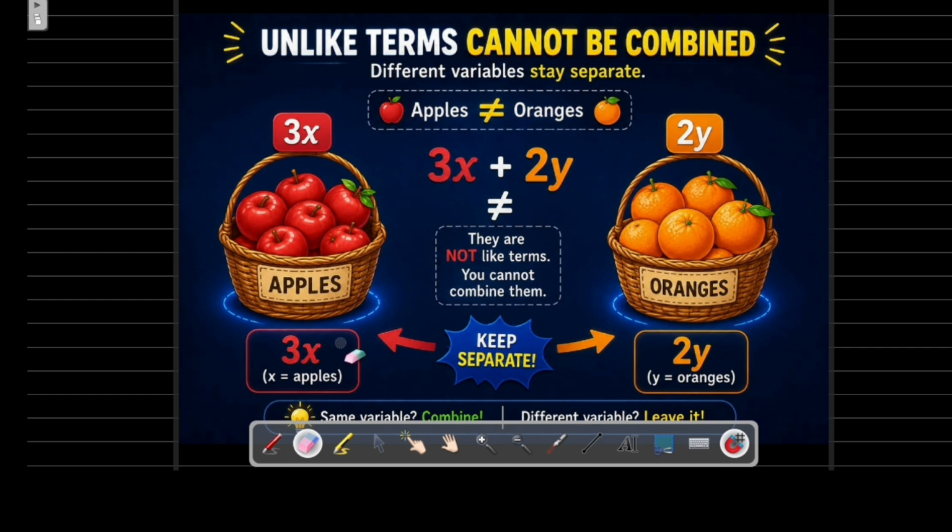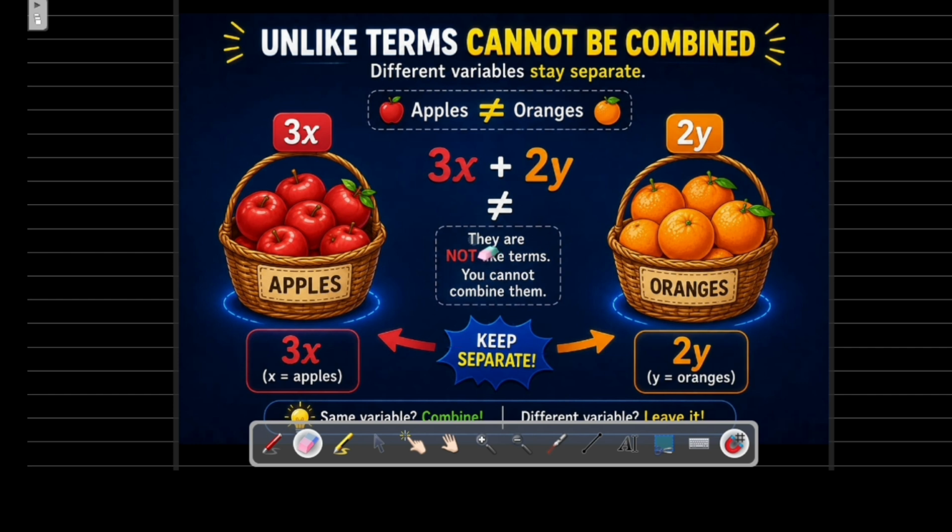You can see on the left hand side of the picture, you have apples, and on the right hand side of the picture, you have oranges. These two things are different, meaning they have different variables according to algebra, so they cannot be added to each other. Today we are going to discover exactly what that means.